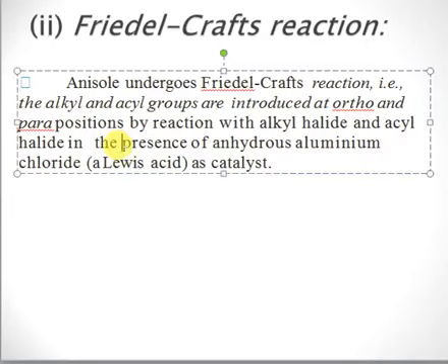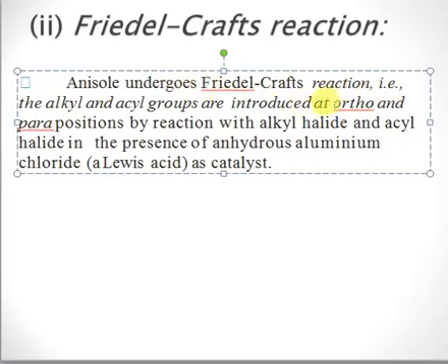Again we are considering the aryl alkyl ethers, and for example we have taken anisole. Just like benzene undergoes Friedel-Crafts reactions, these aryl alkyl ethers also undergo Friedel-Crafts alkylation and Friedel-Crafts acylation reactions.